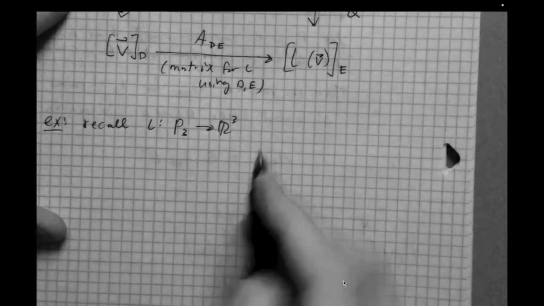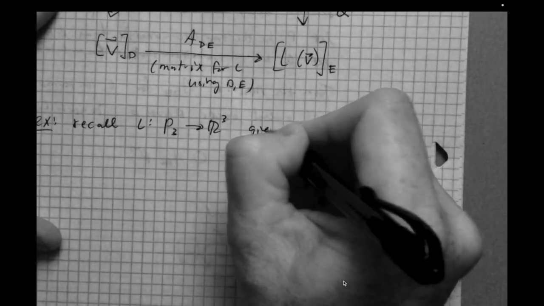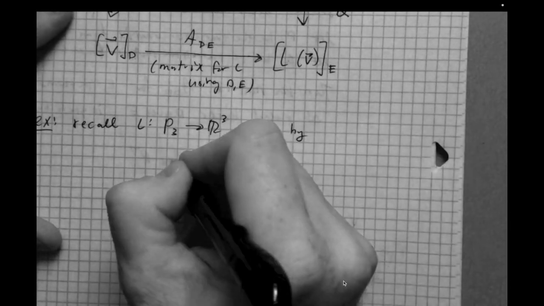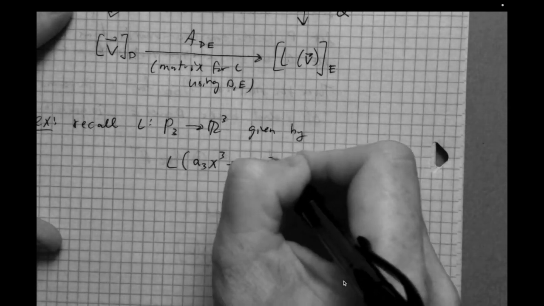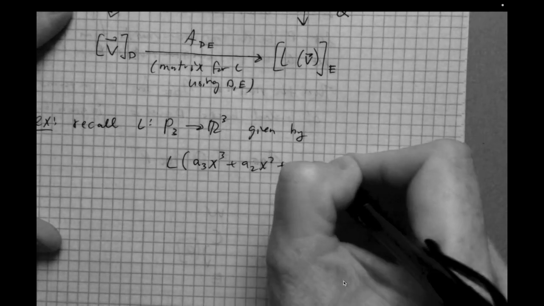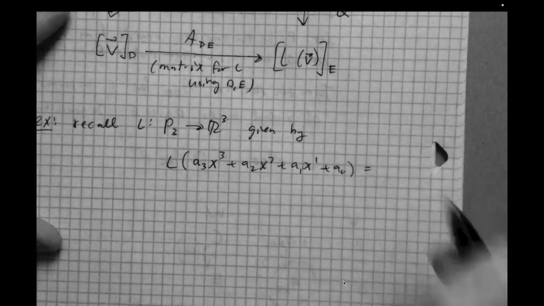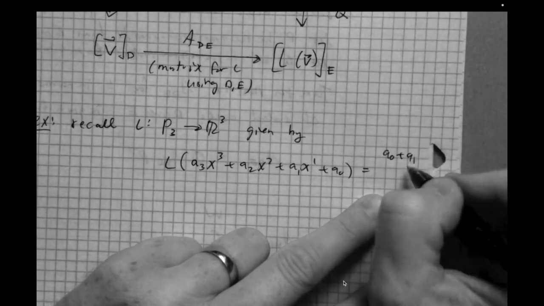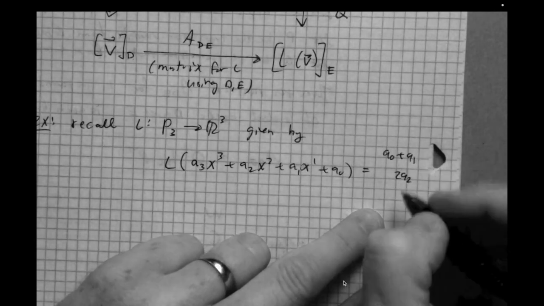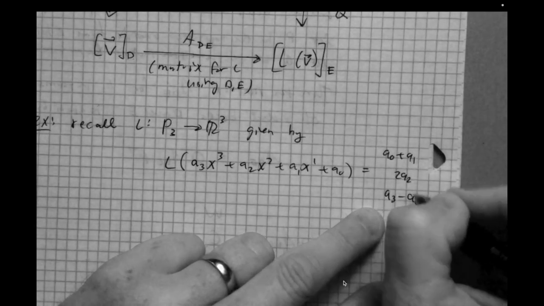But here was L. Here's L, and it was given by, remember, L of a3x cubed plus a2x squared plus a1x plus a0 is equal to a0 plus a1, and then 2a2, and then a3 minus a0.